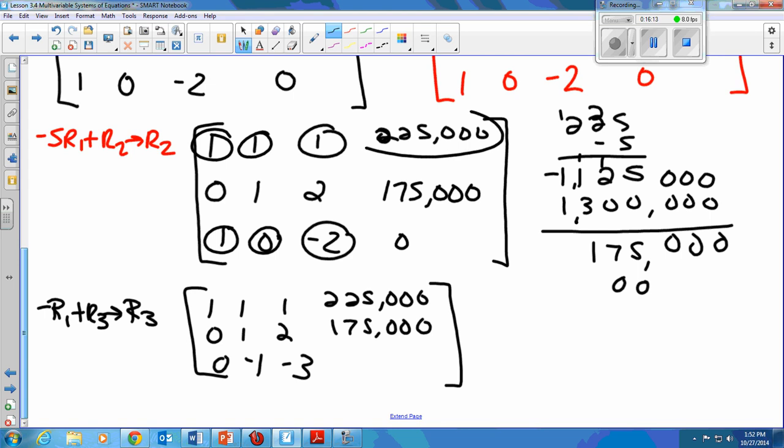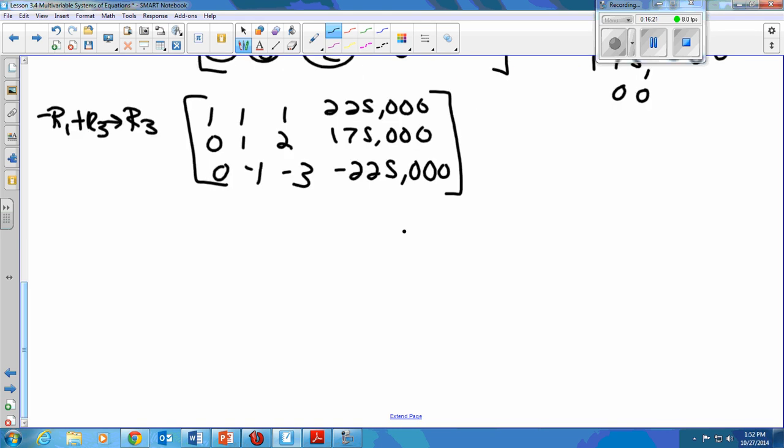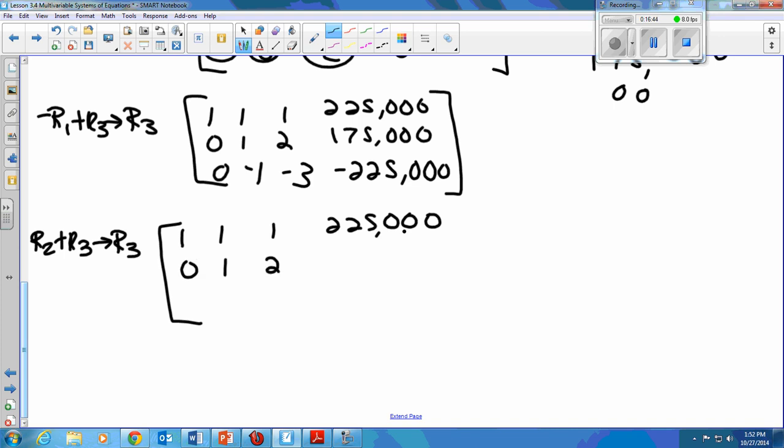Negative 225,000 plus 0. Now who do I need to get rid of? How can I do that? Add who? I don't want to add row 1 because he's going to bring back a 1 in the x place. Row 2 and row 3 to replace row 3. Row 2 plus row 3. 0, 0, negative 1, negative 50,000.